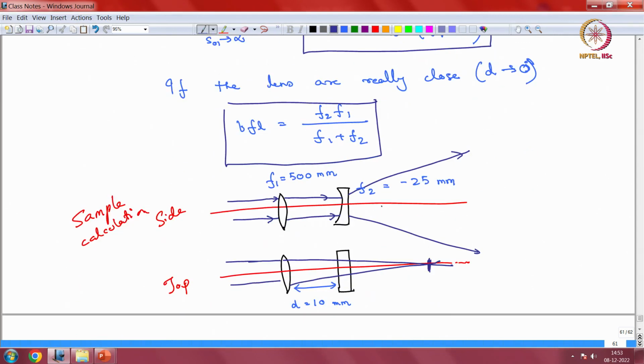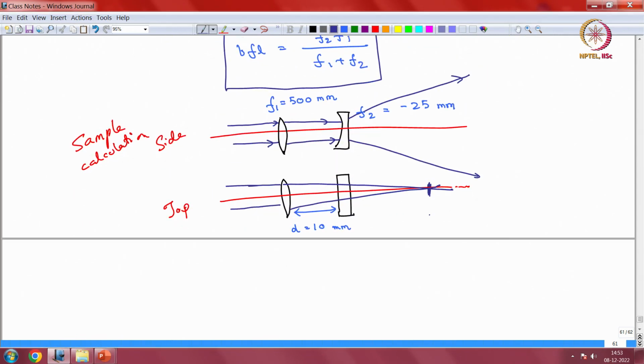Now, in order to put this understanding to test, we wanted to do one sample problem. In the sample problem, we had said that there are two lenses next to each other. The first is a spherical lens and the second is a cylindrical lens.